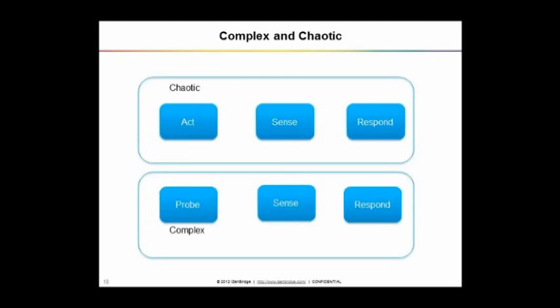And when we take that particular solution to the customer, the customer finds it useless. In that case, we just end up in a chaotic state where everybody is dissatisfied and we need to do something to make this thing work. So we need to be very careful that there is a possibility of being pushed from simple directly to chaotic if we try to apply a simple solution to a complex problem.